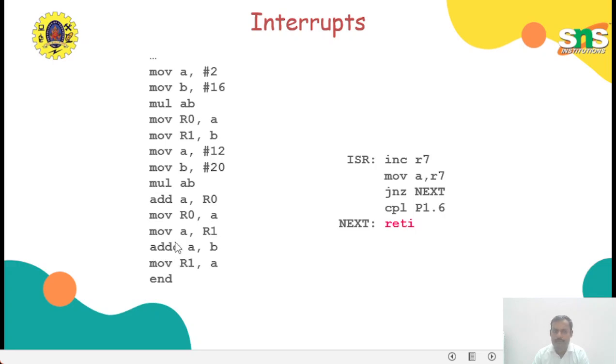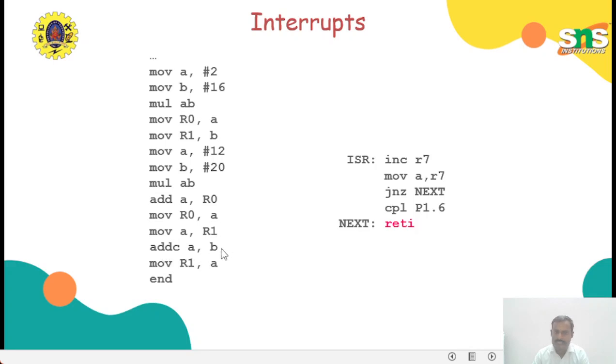I am going to perform add with carry because we have already added two numbers here, that is, this multiplication's lower 8 bits and this multiplication's lower 8 bits. There may be a carry, and that carry also should be included. That's why I am using ADDC. That means the lower 8-bit results will be added, and that carry plus the higher 8-bit results will be added.